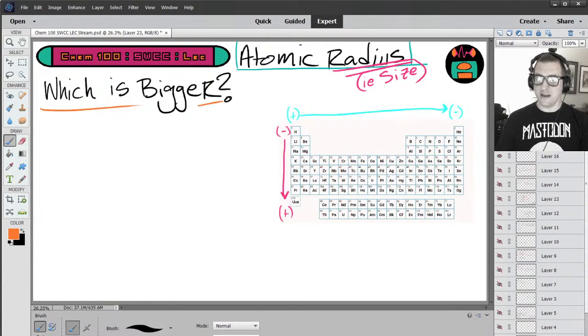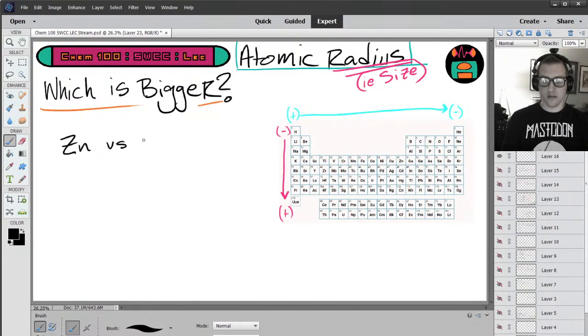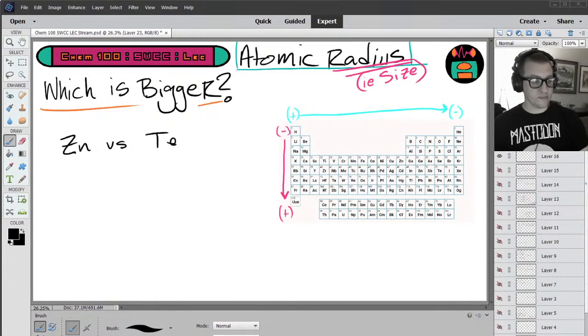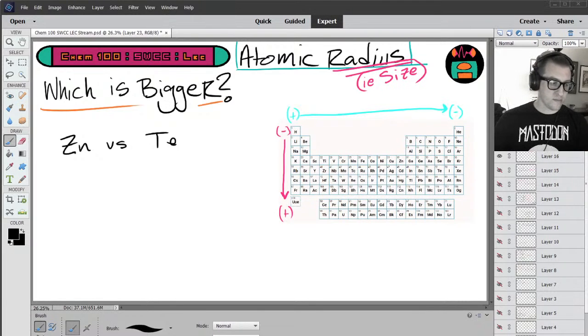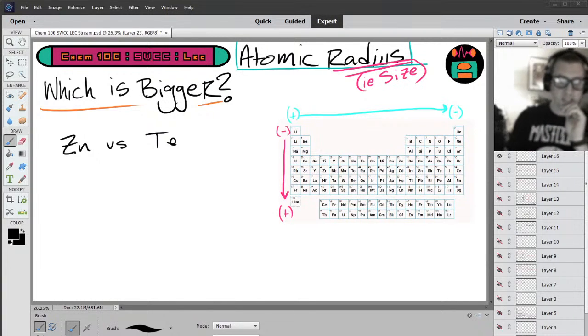And let's begin with zinc versus tellurium.